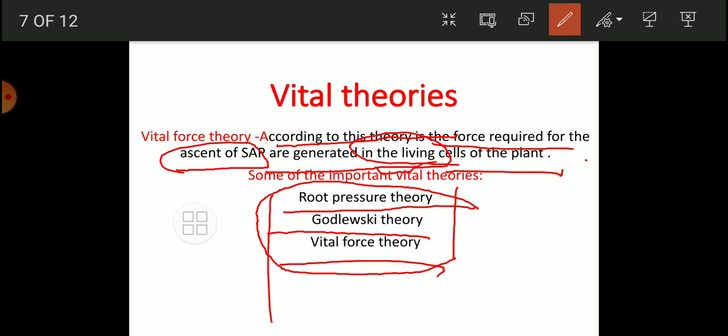Again, I am giving you the names of the three vital force theories.